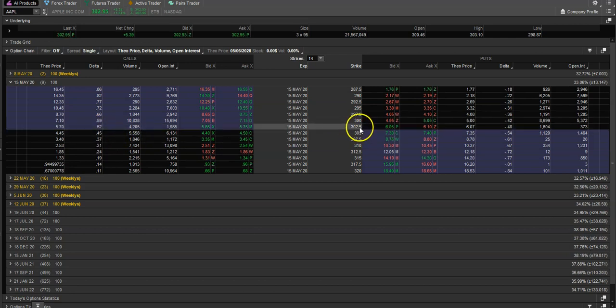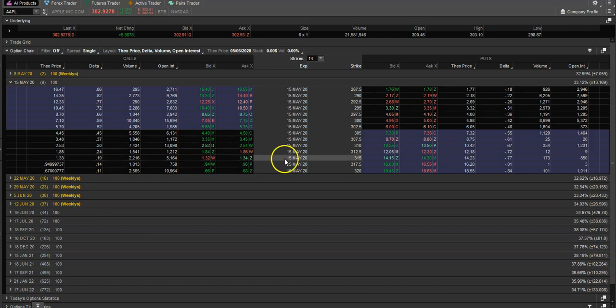So if I buy the 302s for $5.75 and the stock goes from 303 to 304, that's a $1 move, and these options will gain about 52 cents. Also, the odds of closing in the money or at the money is about 52%.